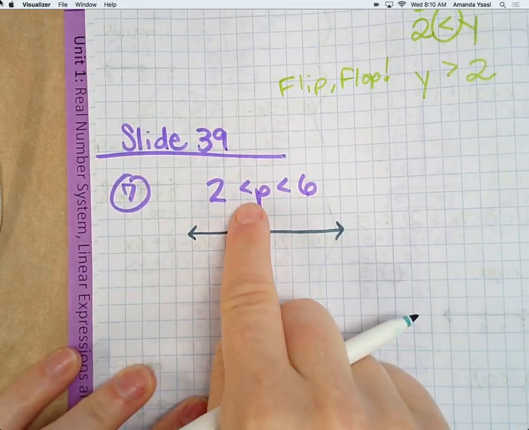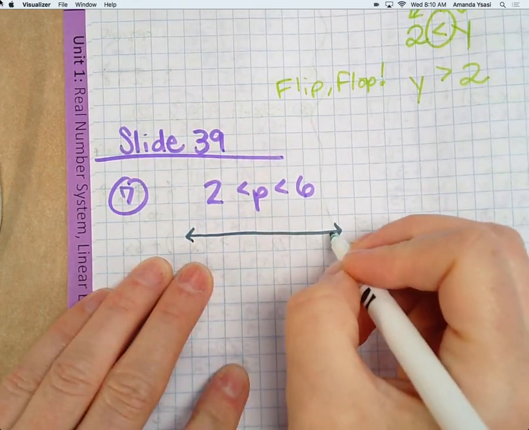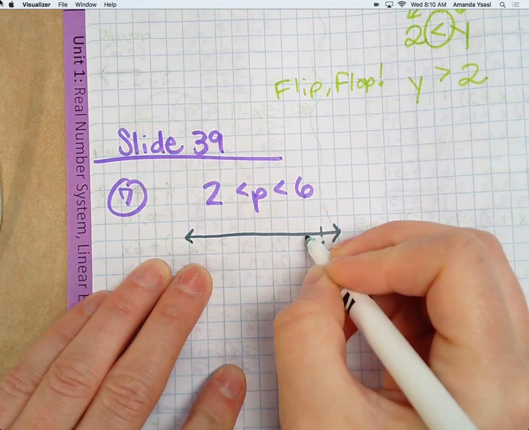So 2 is less than p is less than 6. So I'm going to put 6 on the far right.